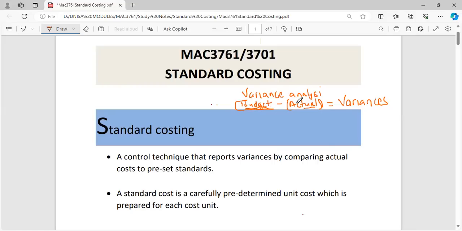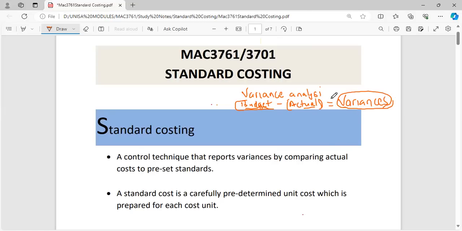But at the end of the financial year, you'll see that the budgeted figures and the actual are always not the same. So that's what we will be focusing on in standard costing, to determine the variance. As a management accountant, when you determine the variance, you should recommend to management what might be the causes of the variance and what the organization should do in order to correct those variances.